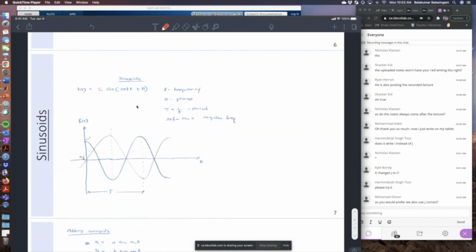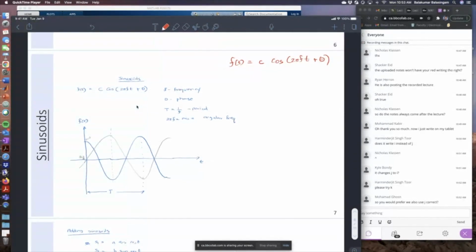A general form of a sinusoidal signal can be written as the function f of t is C cos of 2 pi f t plus theta.